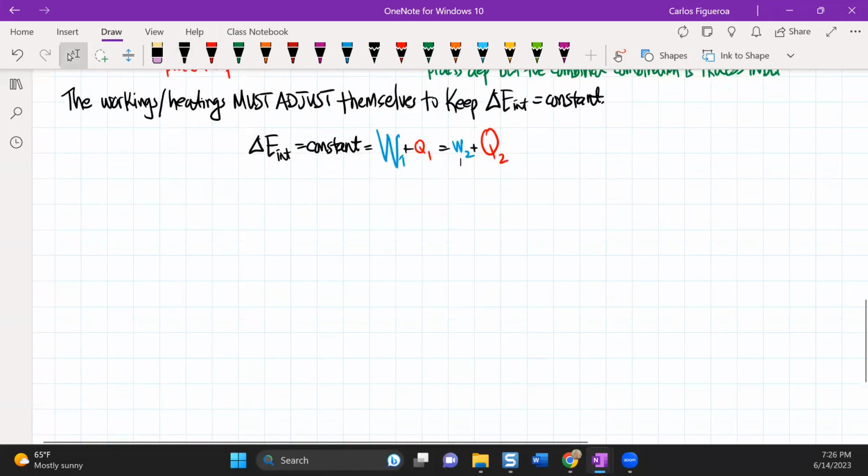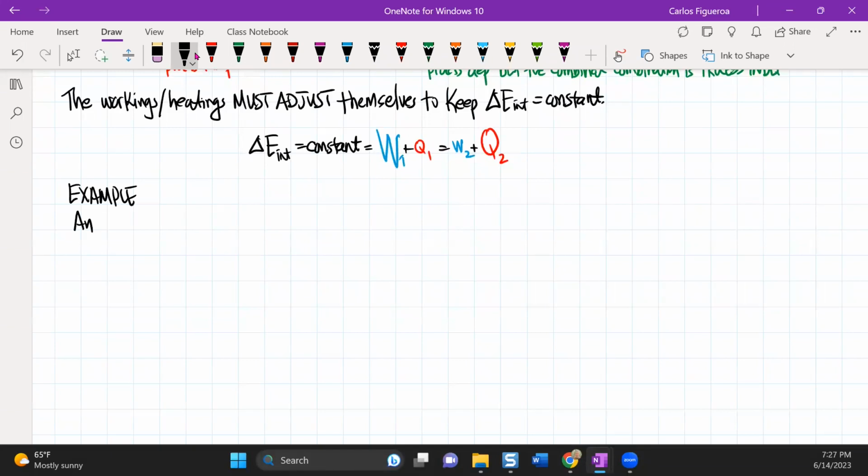So let's look at a diagram to give you a physical sense of this. I'm going to look at some example.